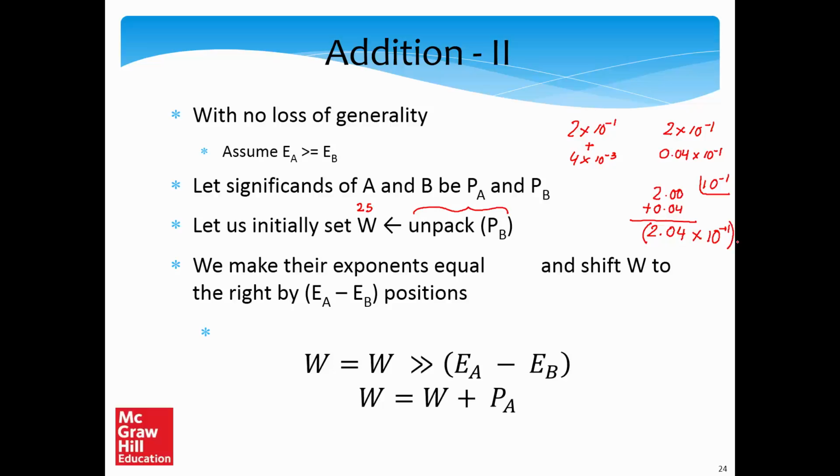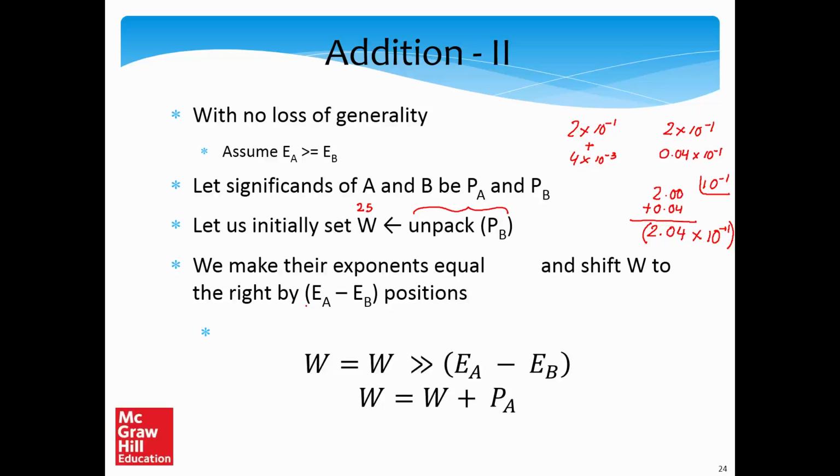Alright, so we can do something similar. We can first make their exponents the same, and then we can align the decimal points and perform an addition. To make the exponents the same, we will make the exponent of b the same as the exponent of a, and the exponents can be made equal by shifting w to the right by ea minus eb positions.